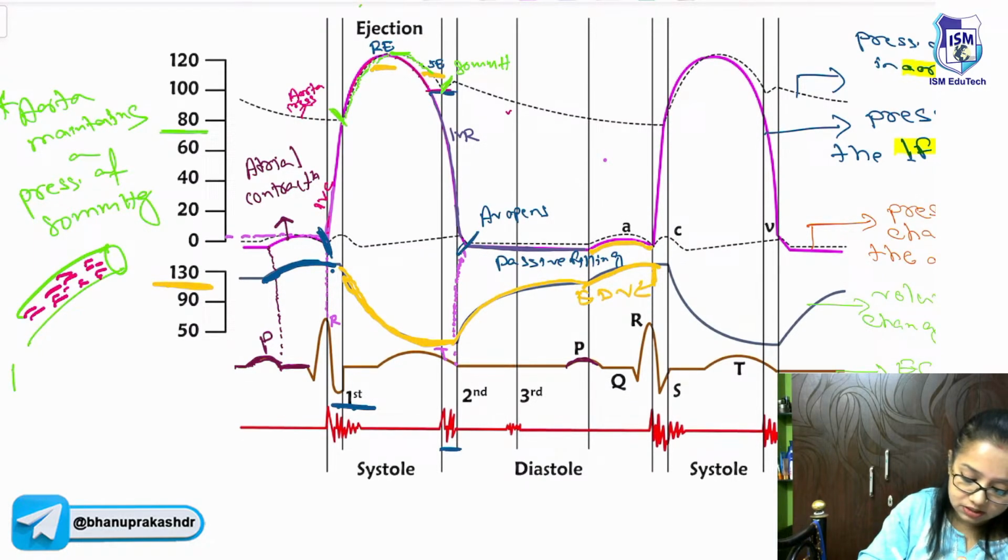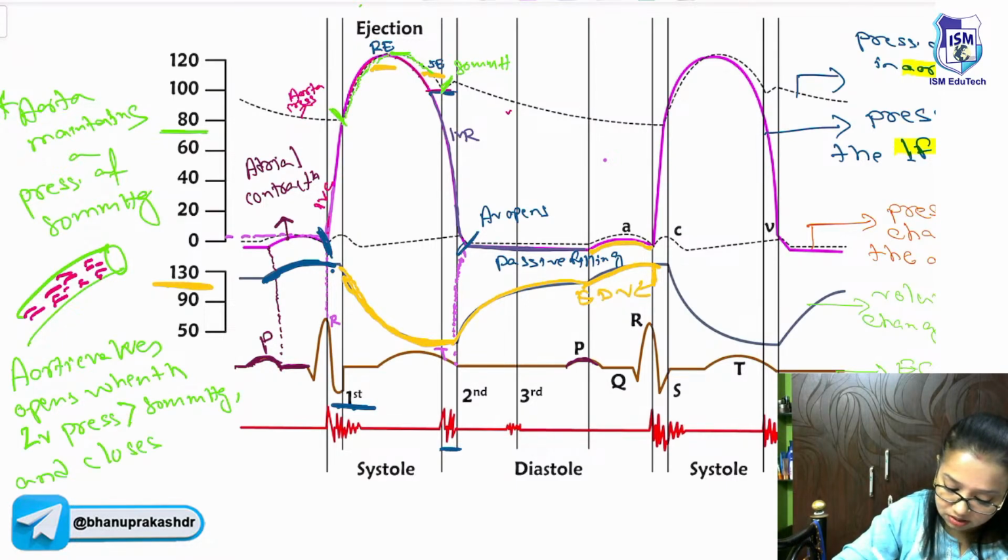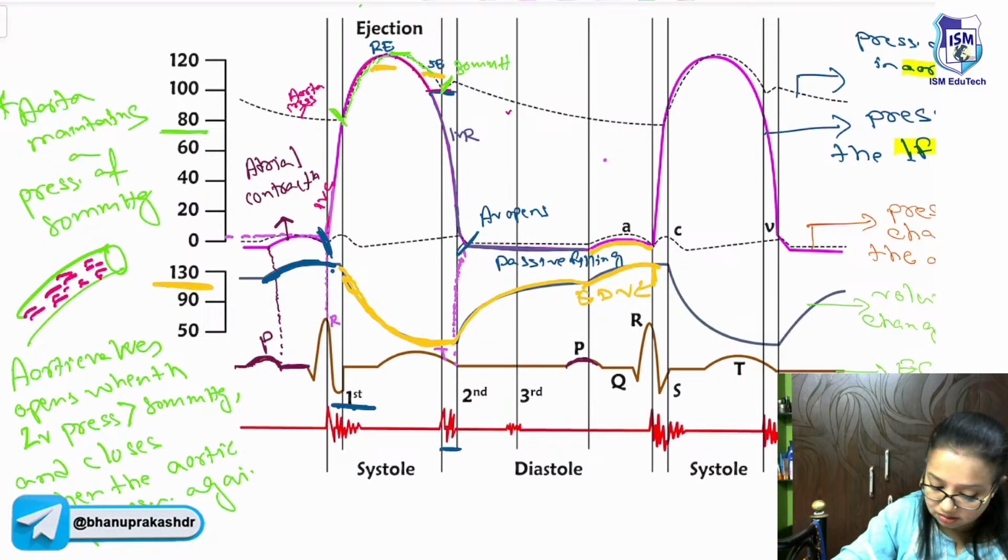This aortic valve opens when the left ventricle pressure is greater than 80 mm Hg, and closes when the aortic pressure again decreases to 80 mm Hg.